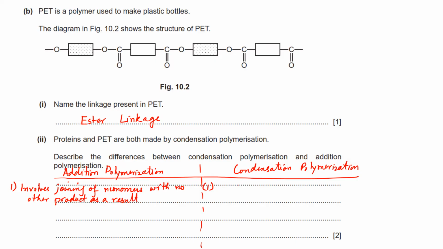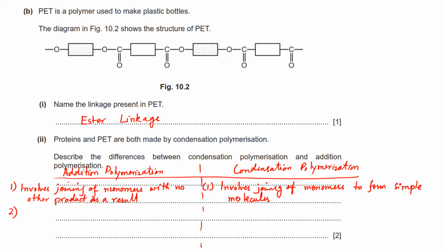So condensation polymerization requires monomers and involves joining of monomers to form simple molecules. Remember, these simple molecules are not a product of addition polymerization.